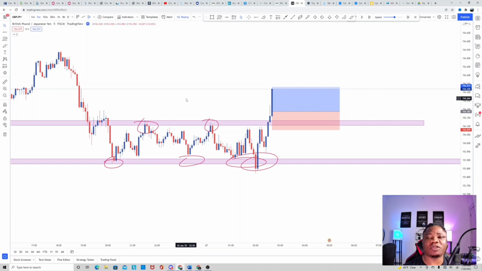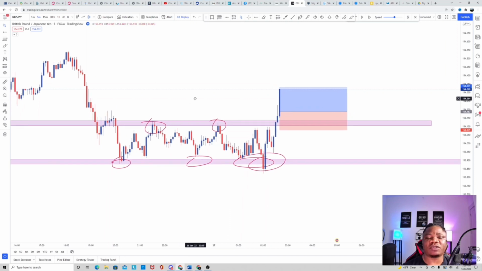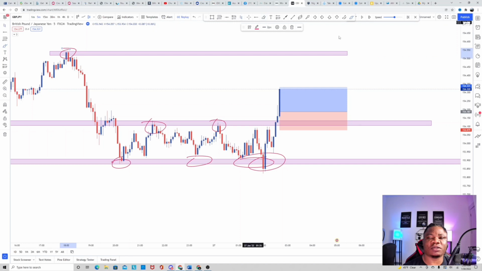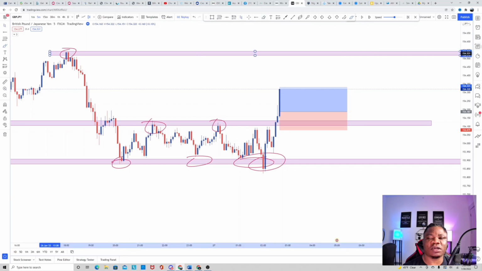And for our take profit target, all we have to do is look to the left-hand side here, and we can target that zone. We have our previous high right here, as you can see, because of this rejection here. So we're going to target that zone as our take profit target.